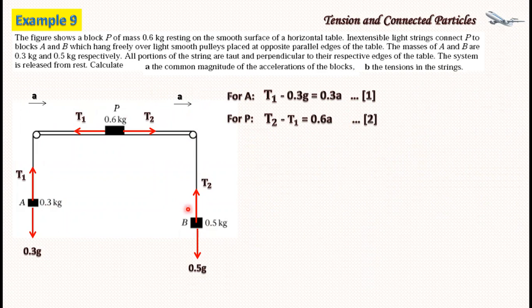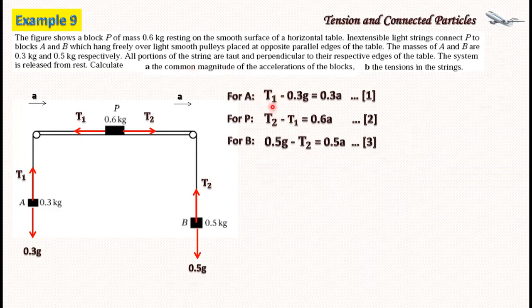And for the mass B, we have 0.5 G minus its tension T2 equal to its mass 0.5 times acceleration A. So the tensions are different, but the acceleration of the system is the same, unlike the other questions, as I've said. Now, this gives us three equations, three unknowns, but we can directly solve for the acceleration.